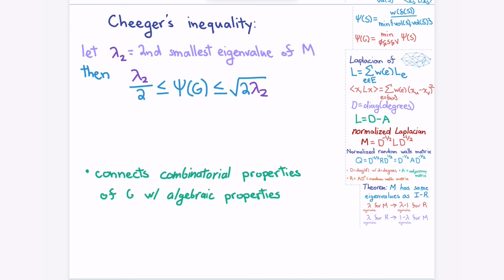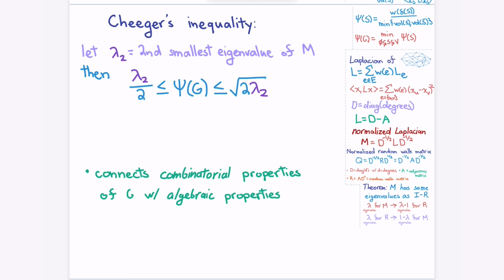Good. Now, the square root of lambda 2 is obviously a bit unusual, and this limits the usefulness of this bound. Because we often want multiplicative approximations. If lambda 2 is really small, this is not a very good bound, because square root lambda 2 is way bigger than lambda 2.